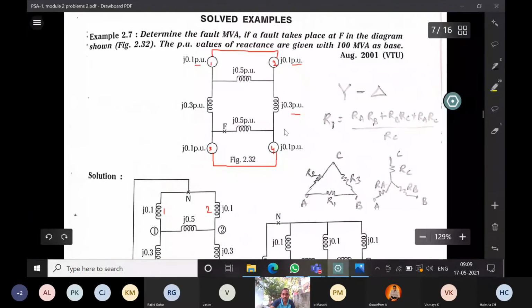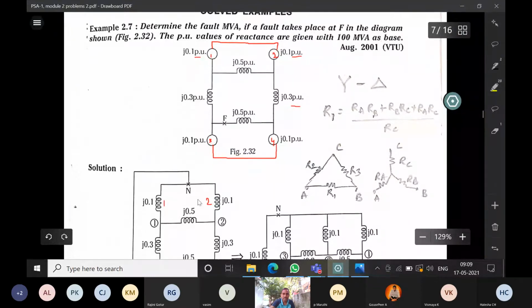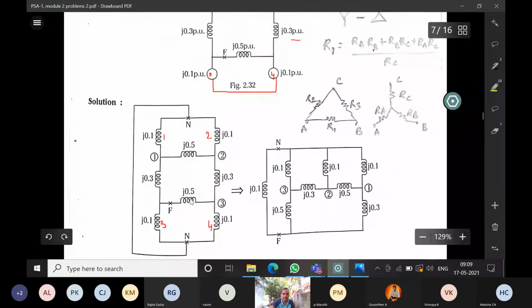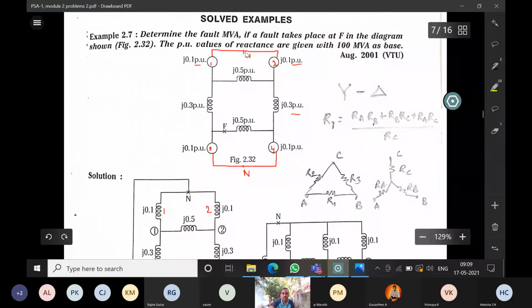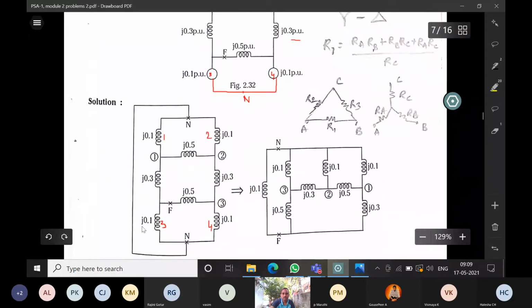And the remaining middle circuit: point 0.5, point 0.3, point 0.5, point 0.3, right as it is, point 0.5, point 0.3, point 0.5, point 0.3. Okay, so these two are the neutral point, neutral of the generator. Join both the things. Okay, it is connected like this.